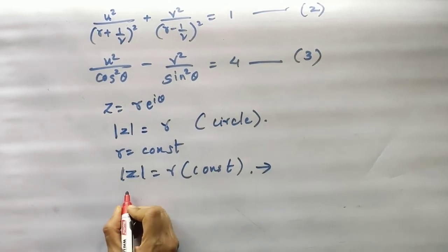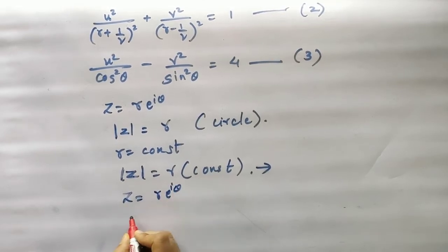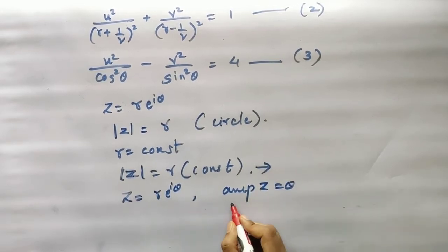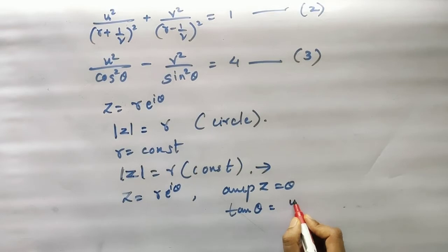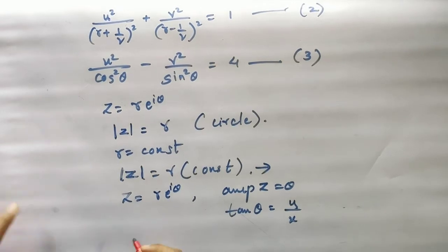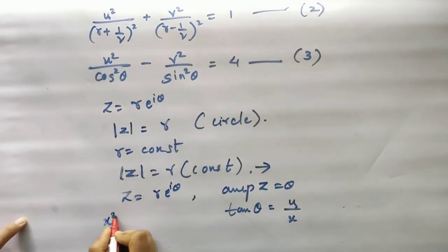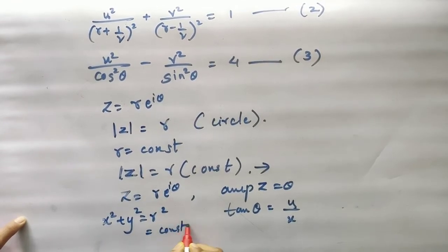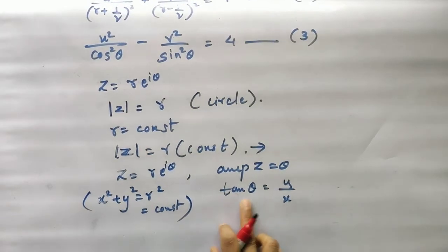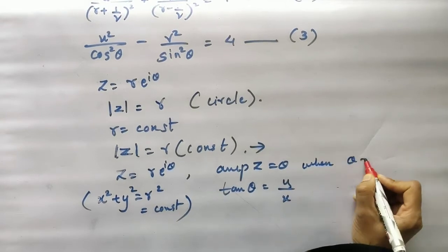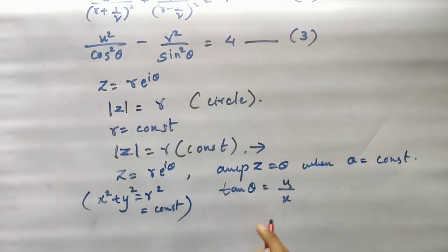Now what happens when theta is equal to constant? You have seen that if z is equal to r into e to power i theta, the amplitude of z is equal to theta, and it is represented by tan theta is equal to y by x. I hope you all remember. And how are these polar coordinates related to Cartesian coordinates? x square plus y square is equal to r square. So if r is equal to constant, you will have one single circle, right? But if theta is equal to constant, tan theta will also be constant.